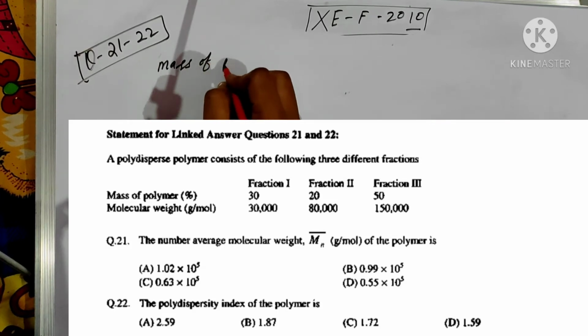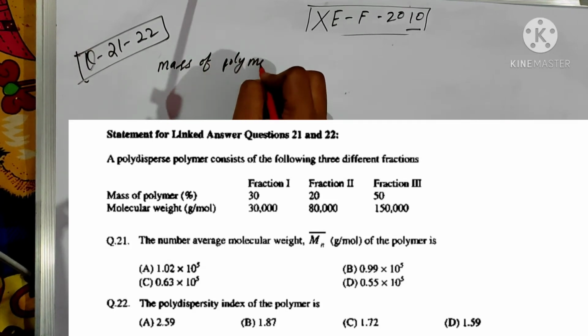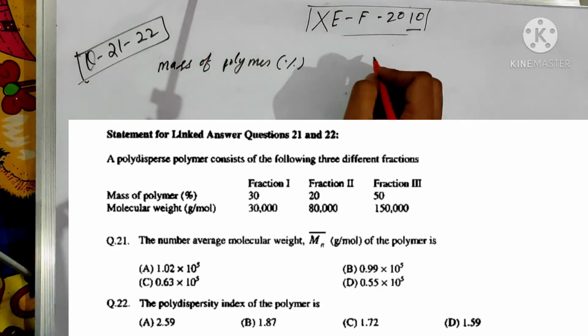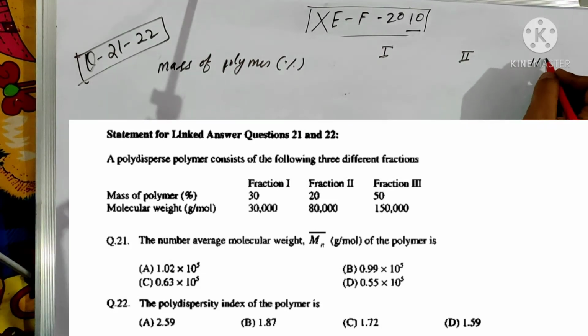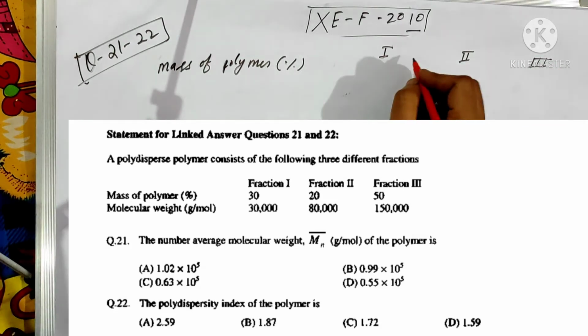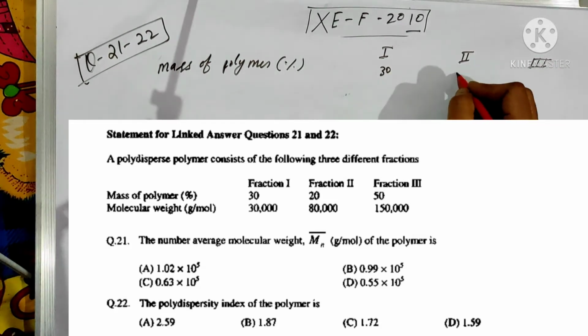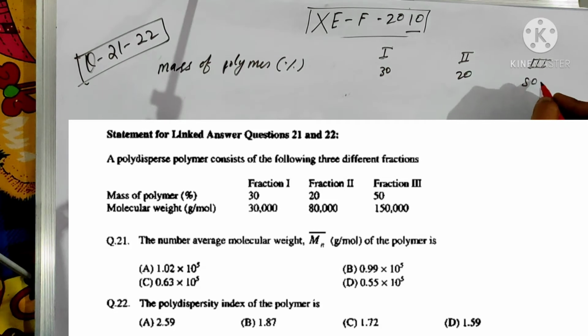This is the common data for questions 21 to 22. Given that the mass of polymer in percentage in component 1, component 2, component 3 is 30%, 20% and 50%.